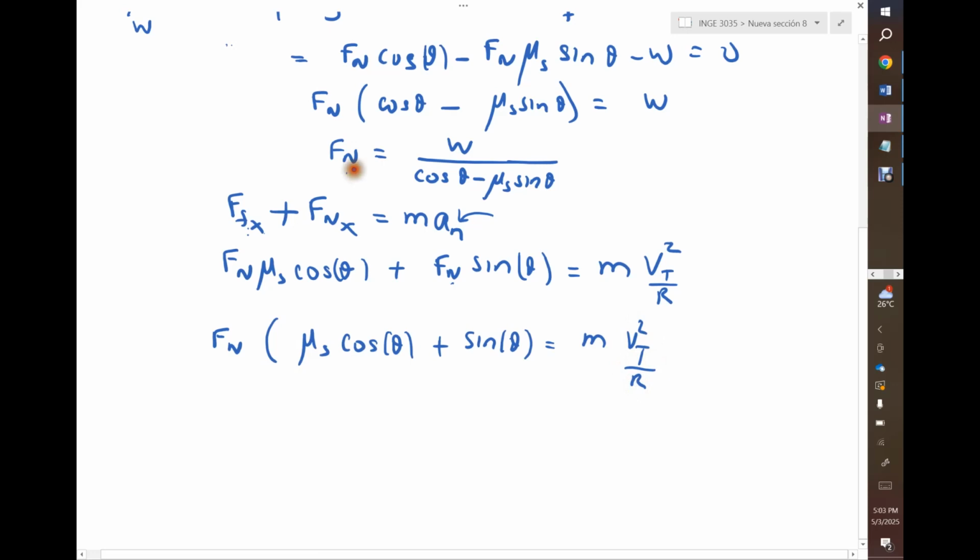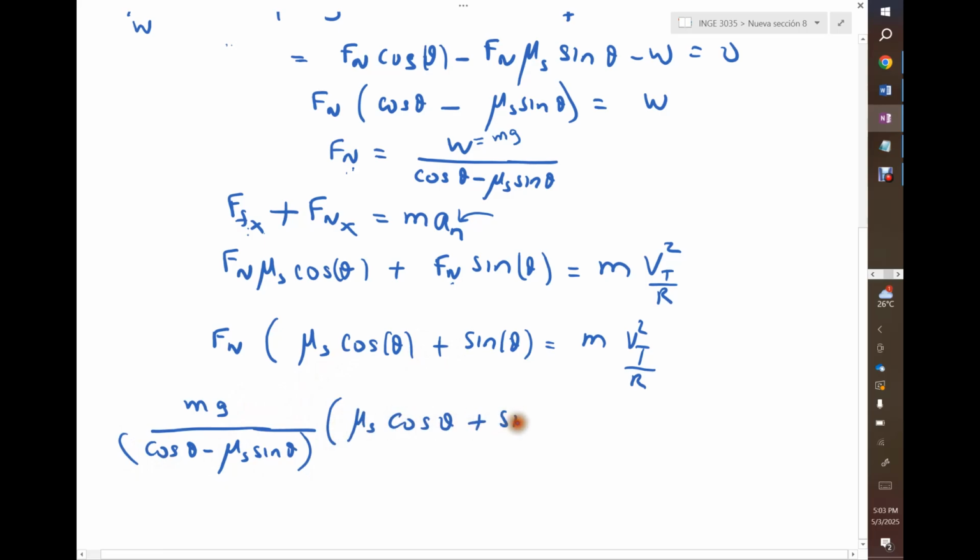And now Fn is this definition here, but W, if you remember, is going to be mg. So we end up having mg over cosine of theta minus mu s sine of theta, multiplied by this definition here, mu s cosine of theta plus sine of theta, equal m bt squared over r.